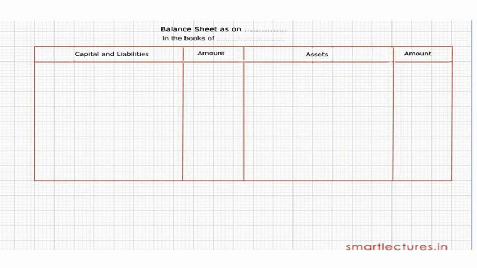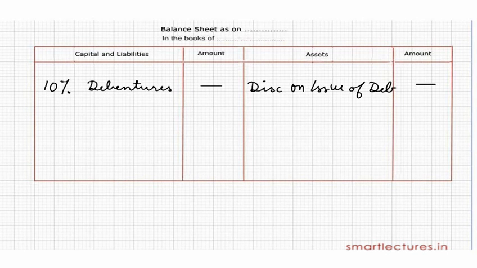So on 31st March 2013, all debentures have been redeemed, and the whole of the discount on issue of debentures has been written off. So what will be the position in the balance sheet? On the liability side, 10% debentures, nil. On the asset side, discount on issue of debentures account, nil. So in this way, the discount on issue of debentures account has been written off proportionately. Proportionately means on the basis of outstanding debentures.